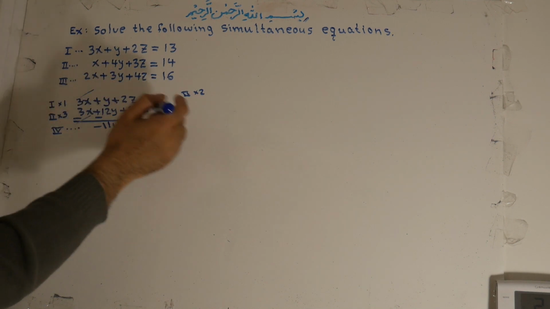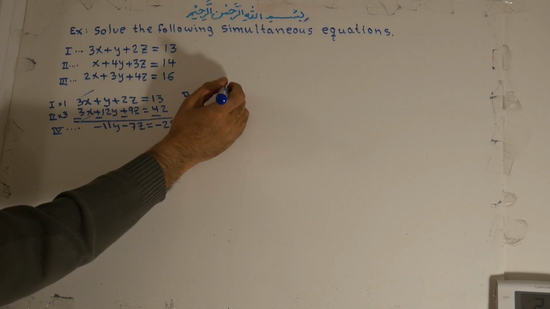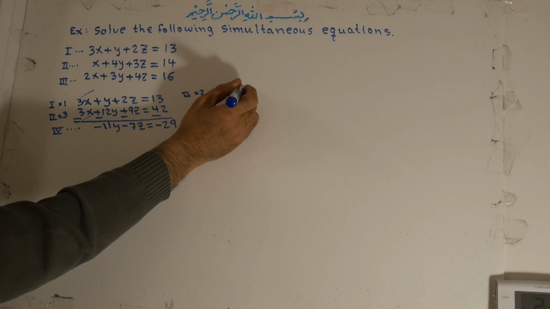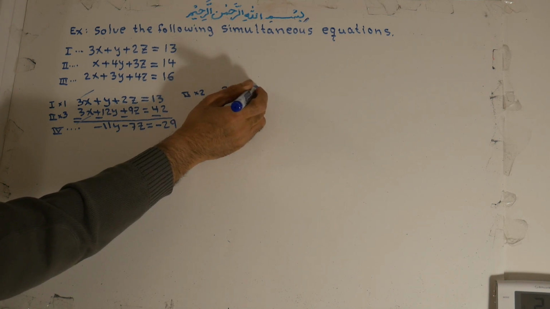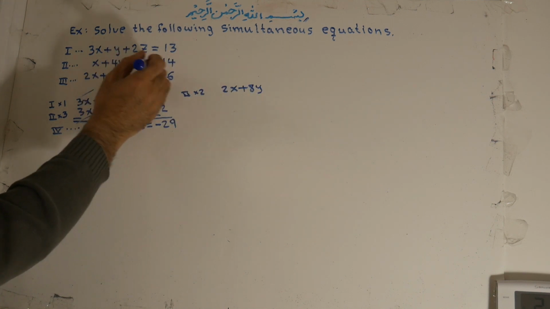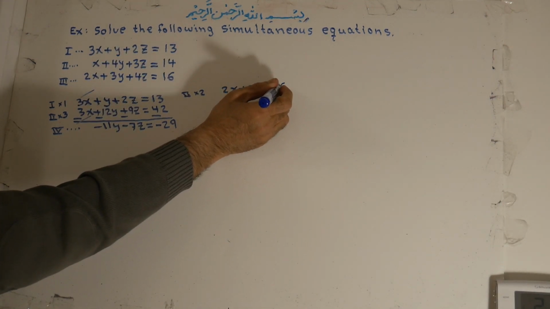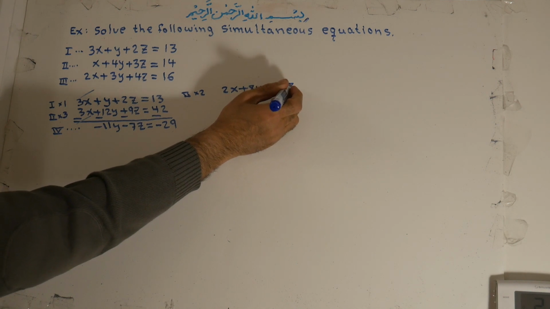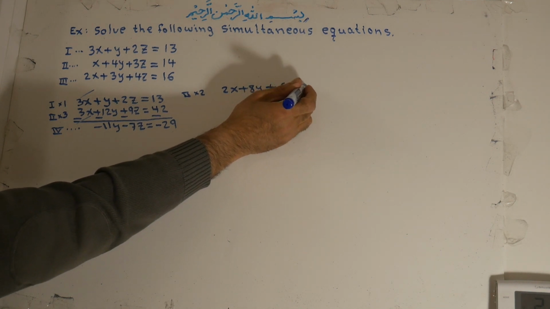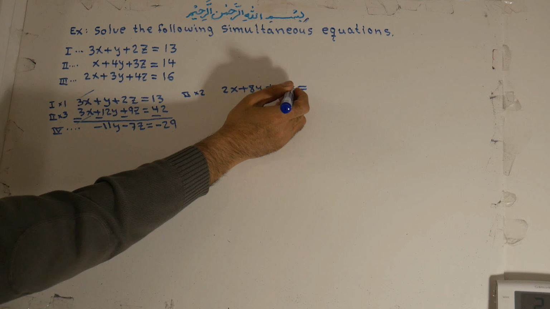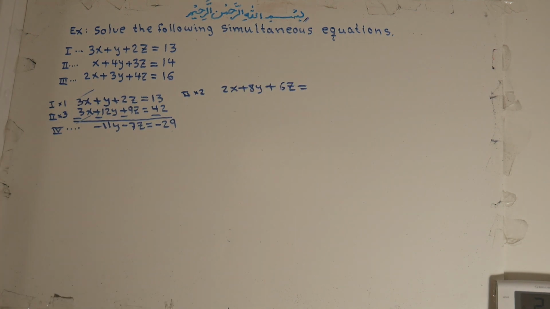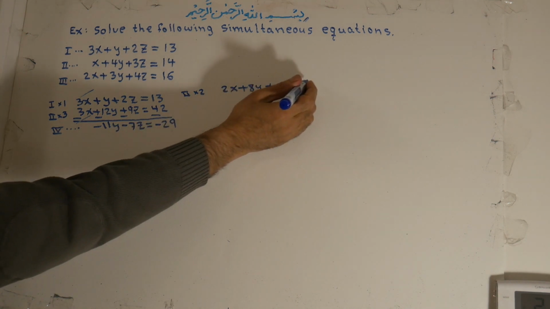It means that 2 times x is 2x, plus 2 times 4 is 8y, plus 2 times 3 is 6z, is equal to 2 times 14 is equal to 28.